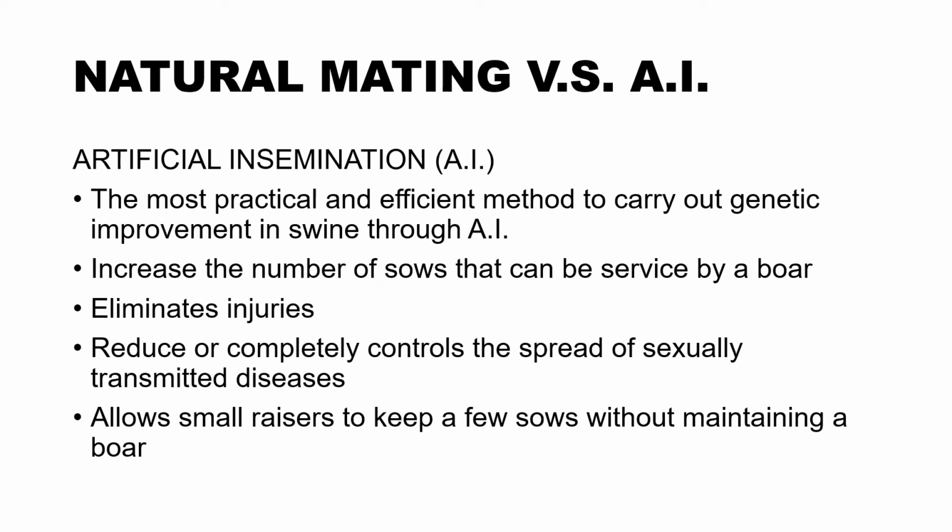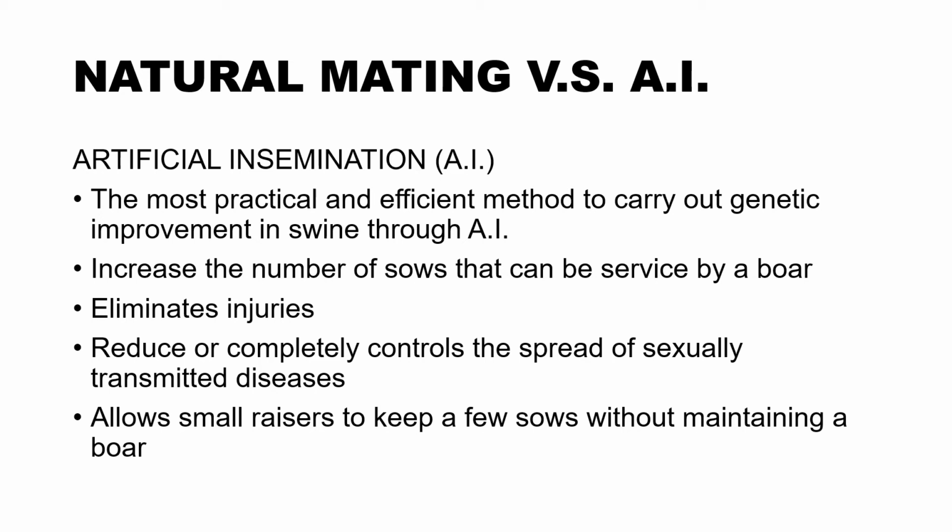So, during mating kasi, it is prone to injury, lalong-lalo na yung babaeng baboy kasi siya yung sinasakayan, tapos weak pa yung legs niya, then maaaring mabali yung mga legs niya. So, this can cause injury. So, kung artificial insemination, since wala nang boar na papatong doon sa sow, then this decreases or it eliminates injury.